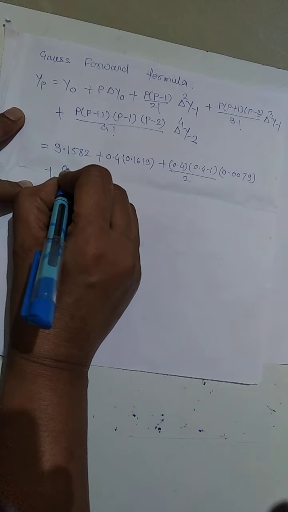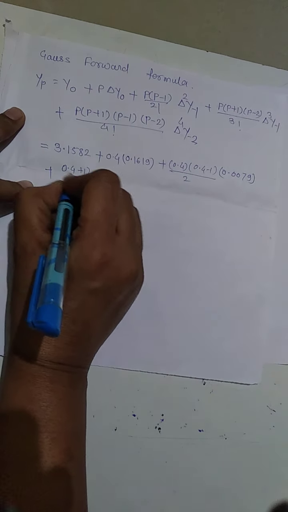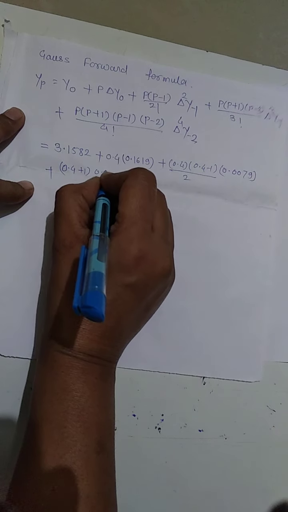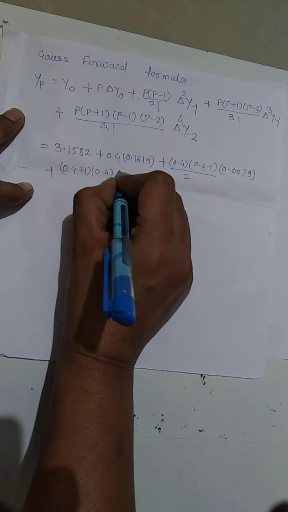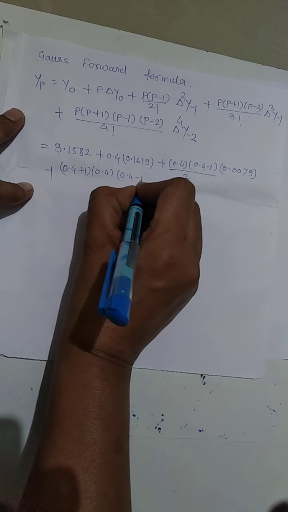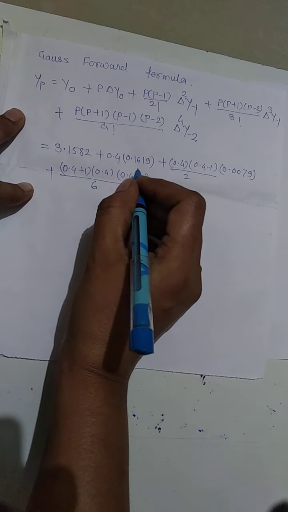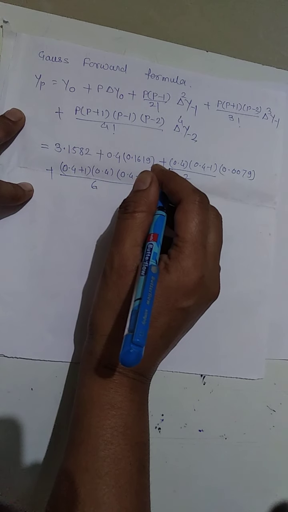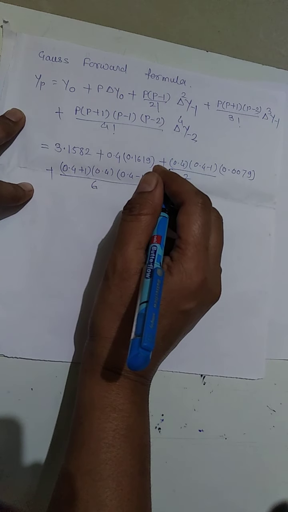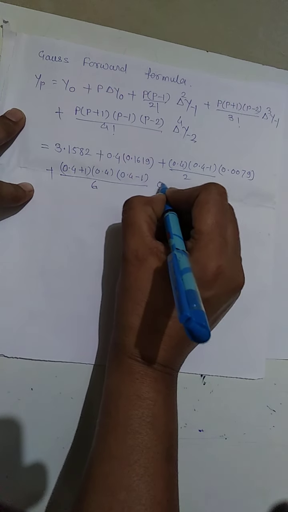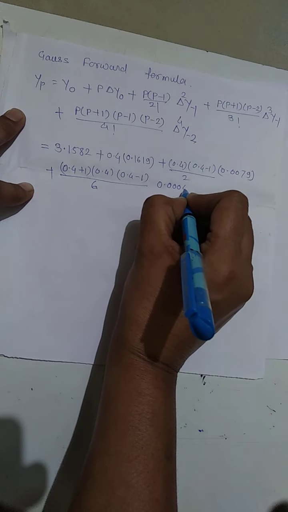Then 0.4 plus 1 into 0.4 into 0.4 minus 1 upon 3 factorial, means 6, and the value of del cube y minus 1 is 0.0004.